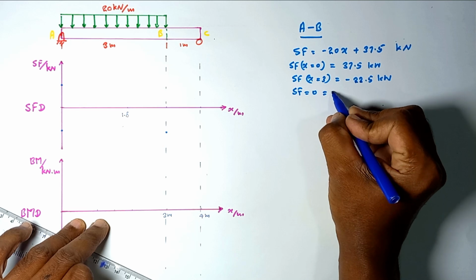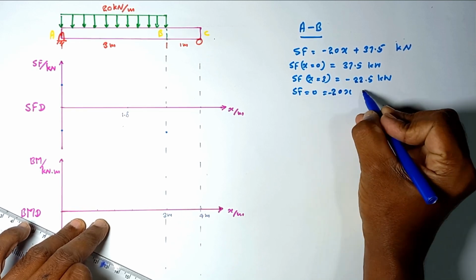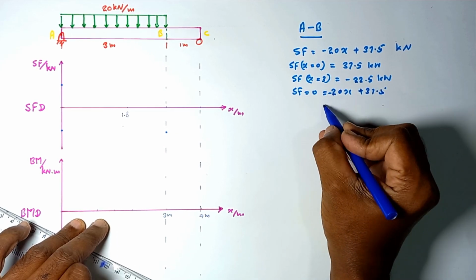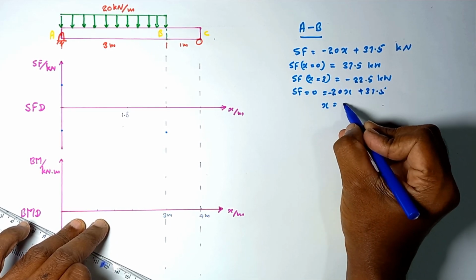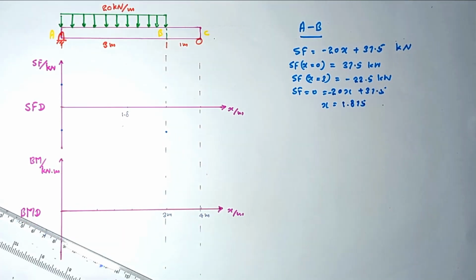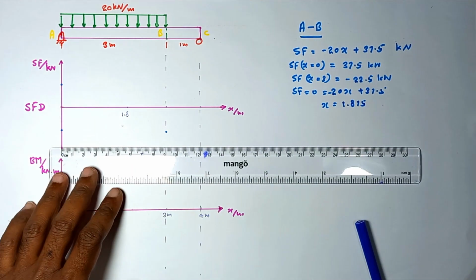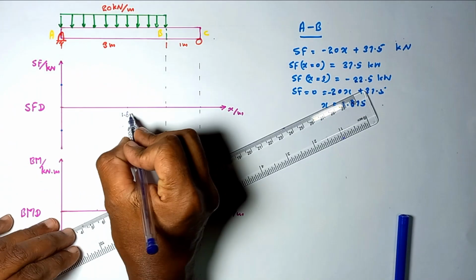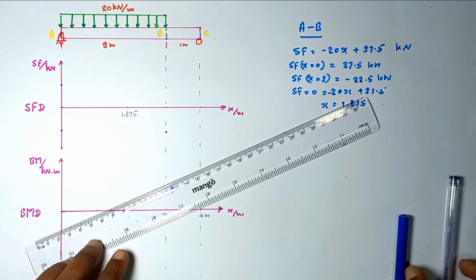That is minus 20x plus 37.5 equal to 0, so x is equal to 1.875. At x equal to 1.875, it intersects the x-axis, so first of all we have to mark that one also. Then you can easily draw that.